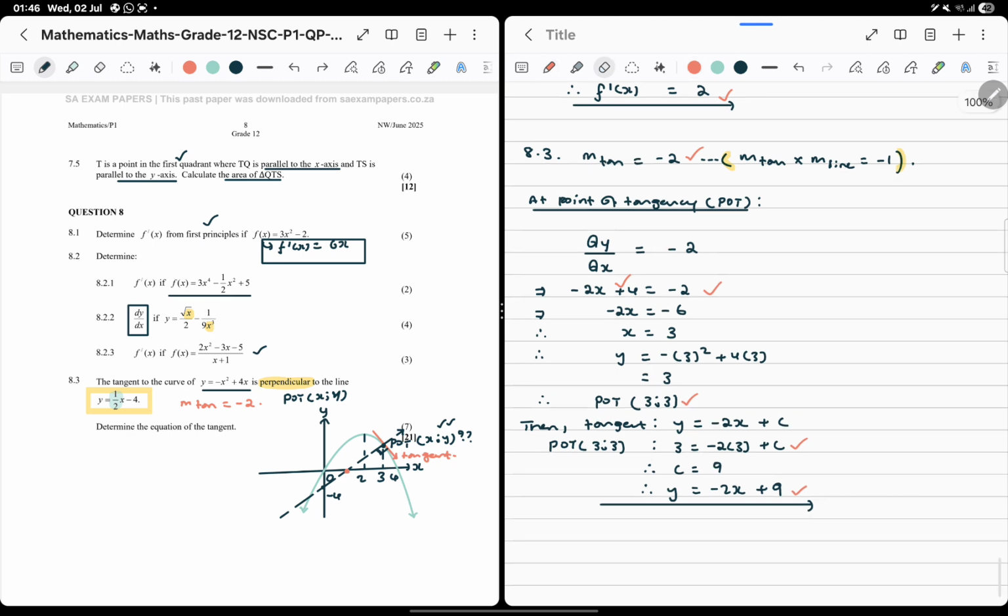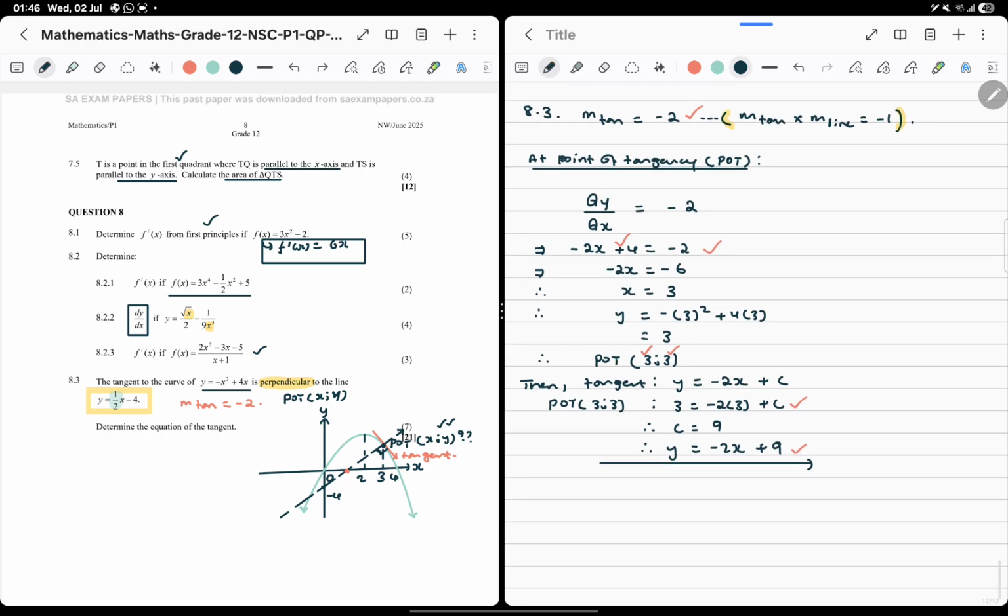So maybe we can mark these together. However we did them, it's fine. Or individually, still okay. So 1, 2, 3, 4, 5, 6, 7. Nice and easy, 7 marks there. For a total of an easy 21 marks, provided we know what we're doing, because if we don't, we are as good as dead, if not dead.